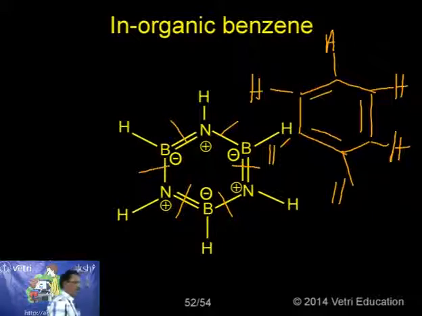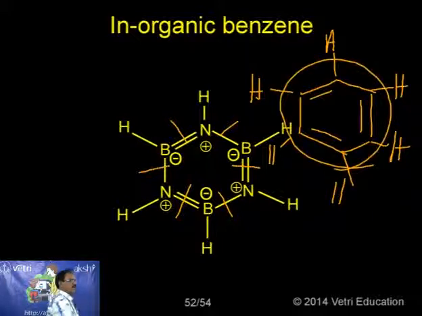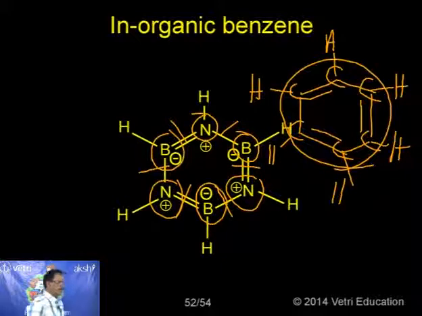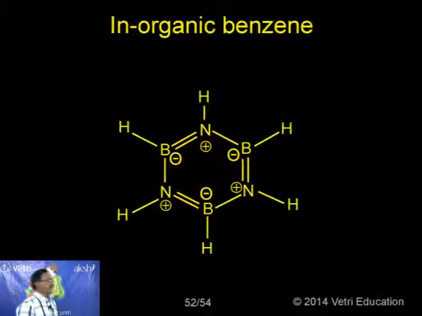The only difference is that in benzene, all the positions are carbon: carbon, carbon, carbon, carbon, carbon, carbon. But in inorganic benzene, alternately nitrogen, boron, nitrogen, boron, nitrogen, and boron. That is the only difference. That's why we call it inorganic benzene, borazole.